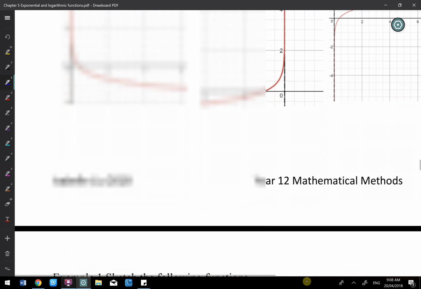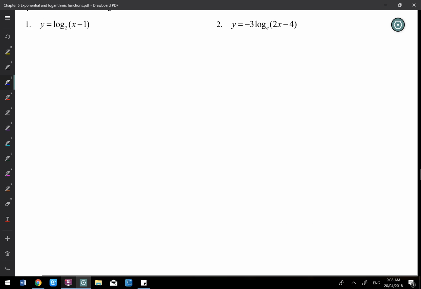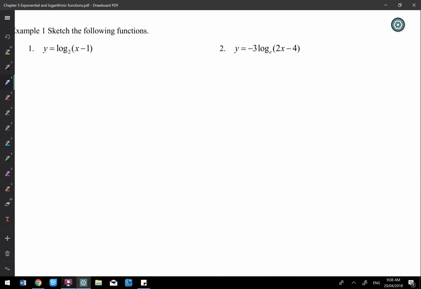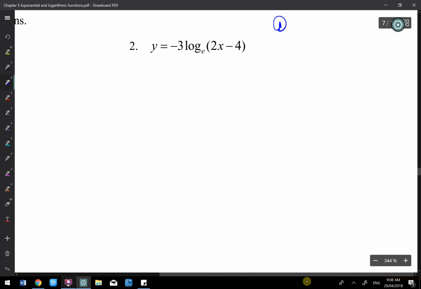Okay, let's have a look at the equations. Let's sketch the second and fourth first. Step number 1, we find asymptotes. To find asymptotes, we make 2x minus 4 equal to 0.